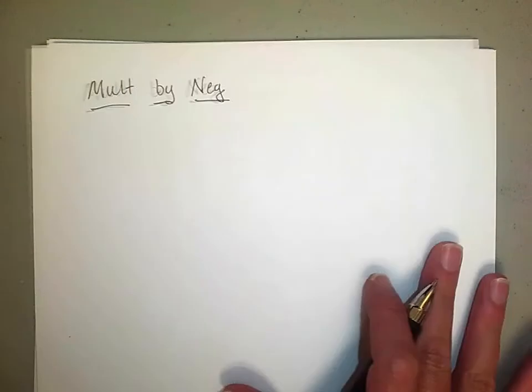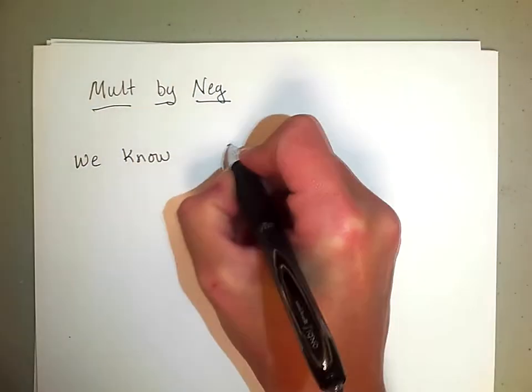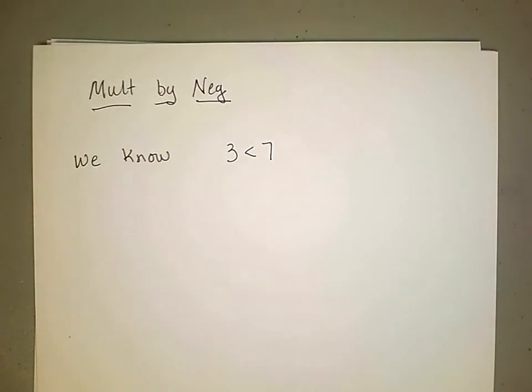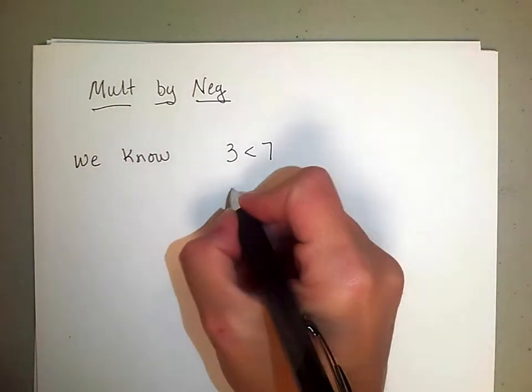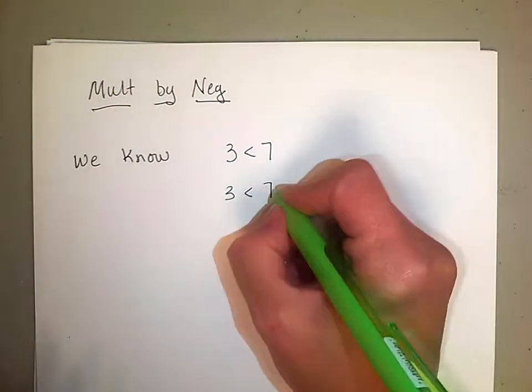So we have a multiplication by a negative. We know this to be true: we know that the number 3 is less than the number 7. This is a true statement. Now let's say I want to multiply by a negative 4.